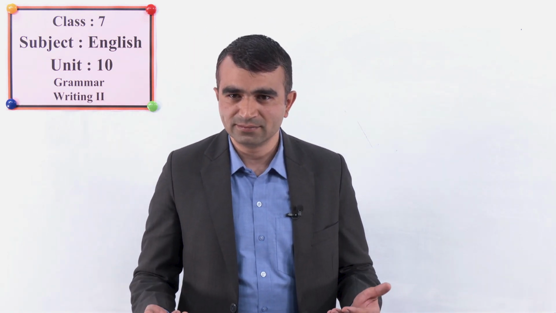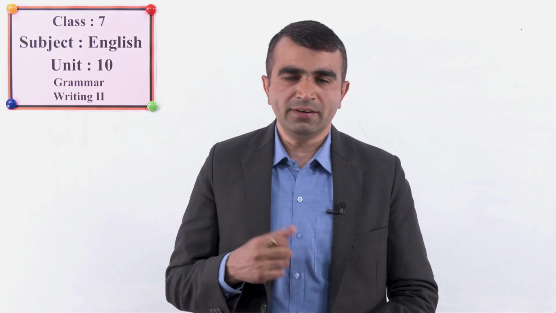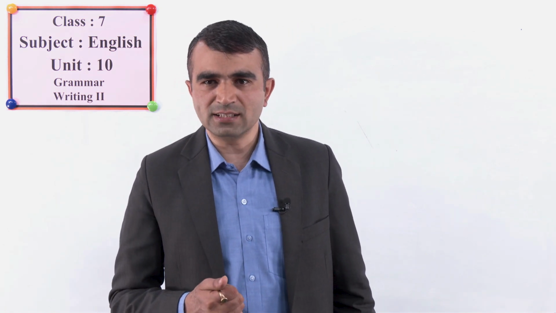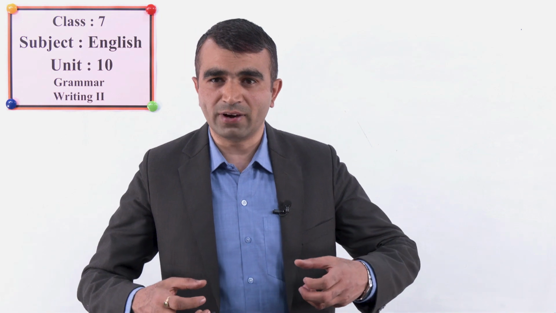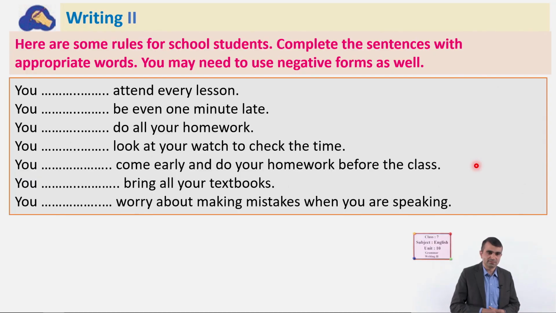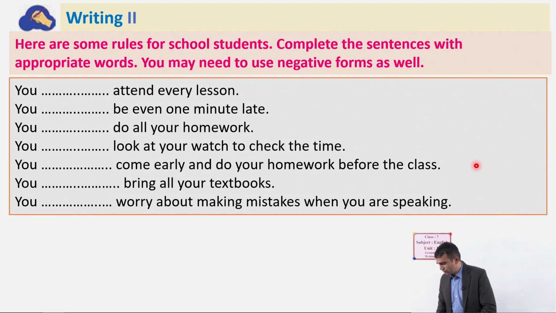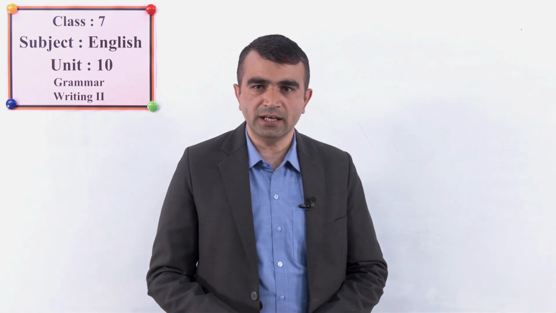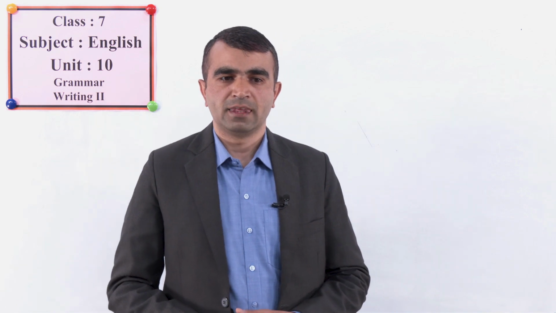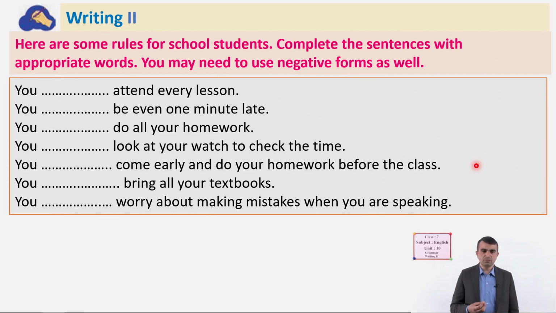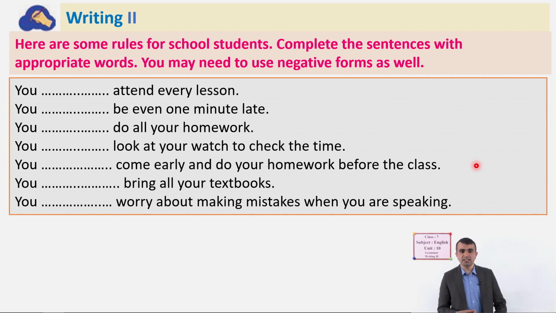Ready? Okay, let's start. Now here in the beginning of the writing task, a writing rule is given, isn't it? On page number 105 of your book. What is given? Here are some rules for school students. Complete the sentences with appropriate words.